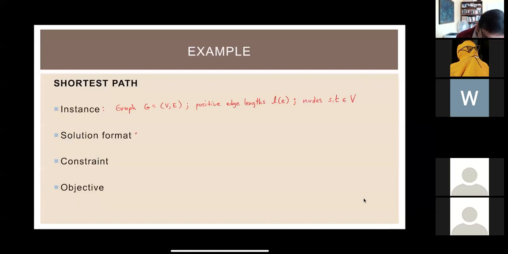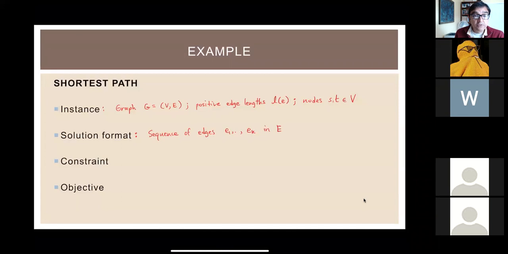The solution format is what the output looks like. The algorithm is going to output a path, so a sequence of edges. What is the constraint?